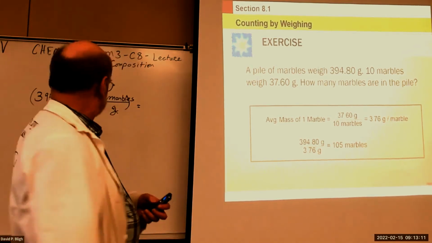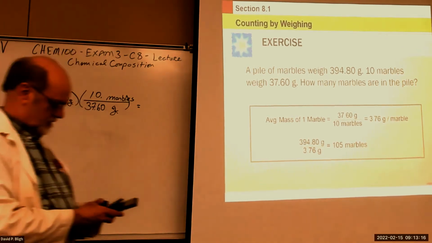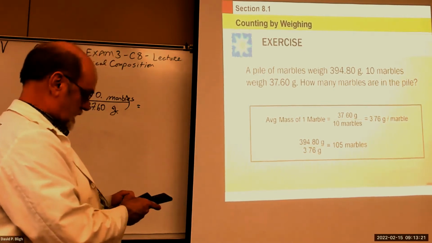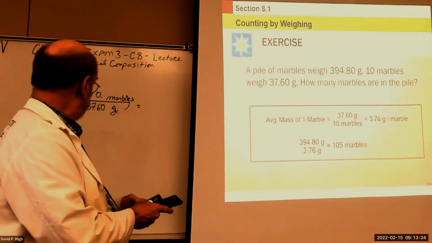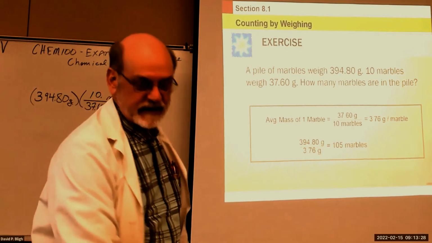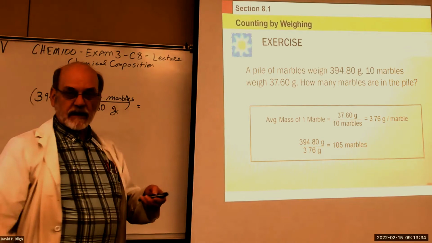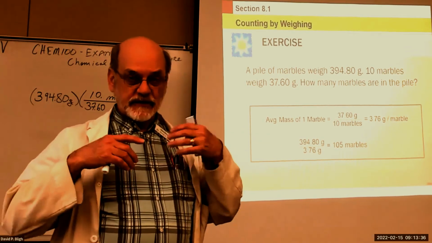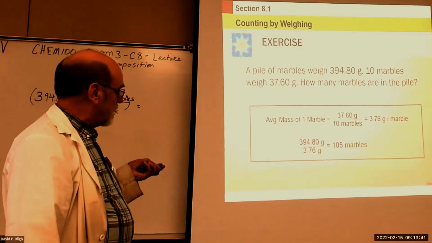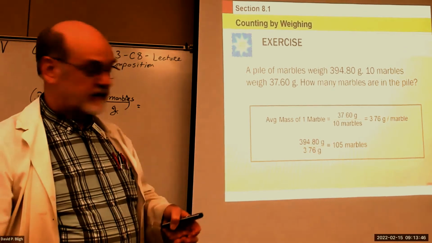Now, hold on a second. 394.8 divided by 37.6 times 10. Okay, so that comes out to exactly 105. But suppose, remember, every measurement has uncertainty. So let's suppose we had measured the mass here, or the mass here was a little off.